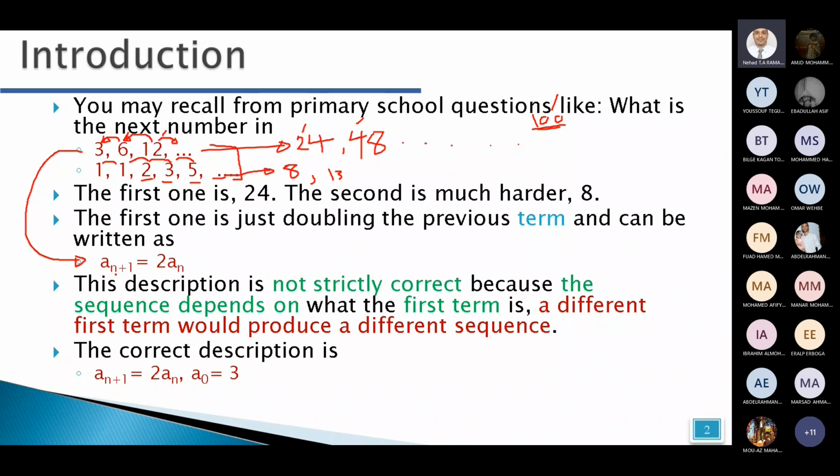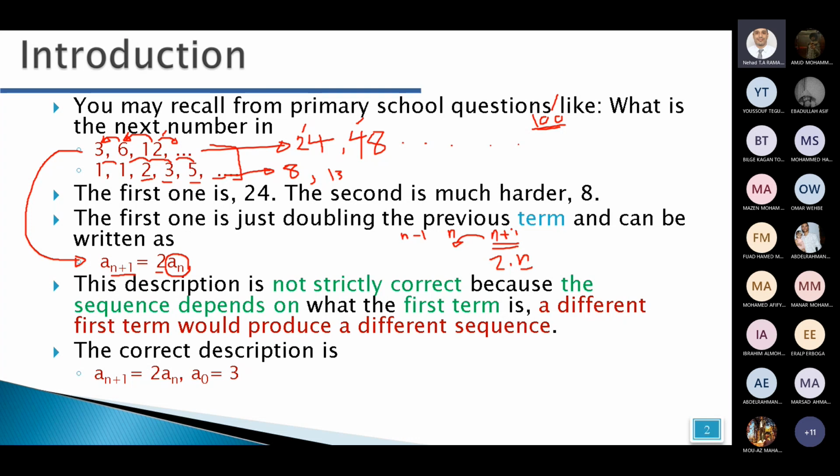Here we said that each term, for example term n plus 1, is equal to 2 multiplied by the previous term, which is a_n. So a_{n+1} means the term with index n plus 1, and for this series it's actually 2 multiplied by the term a_n, the previous term, then n minus 1, and so on.